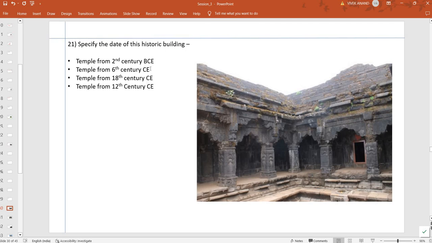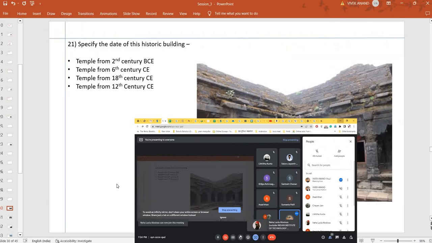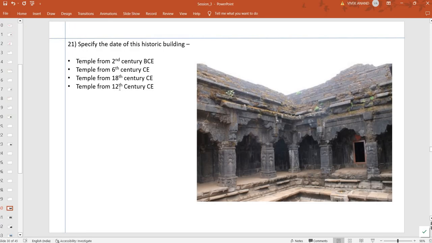Even in the 6th century CE, there was use of stone, but not like monolithic temples. But yeah, the most prominent building material was stone or terracotta. In the 12th century, they started building stone with brick, but the style was different.